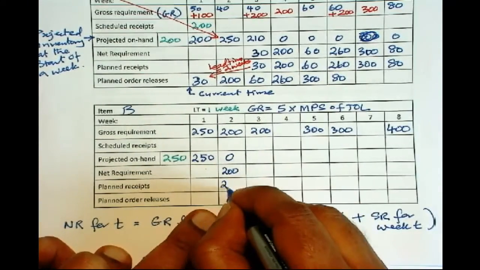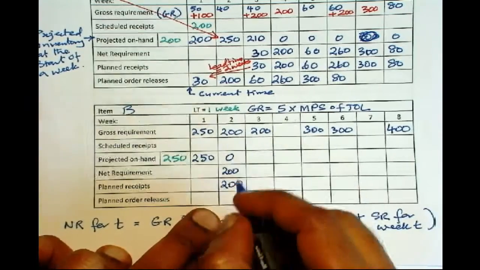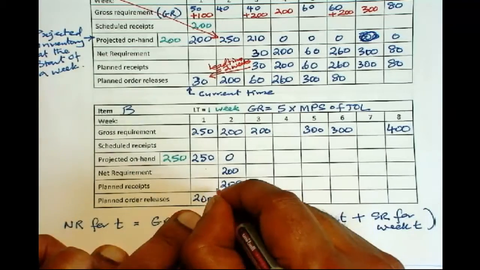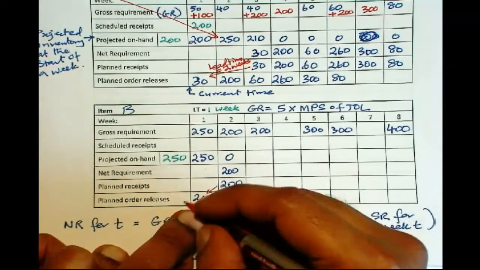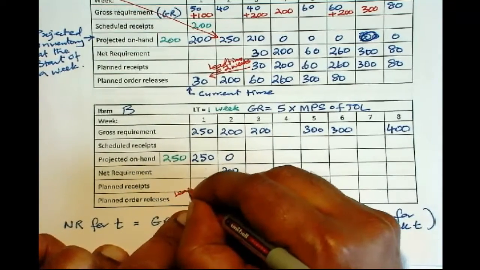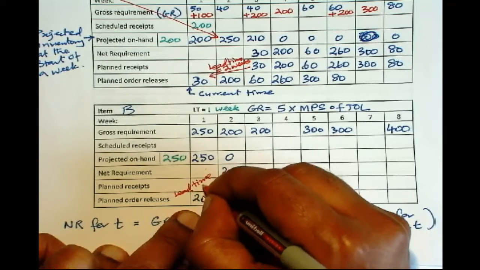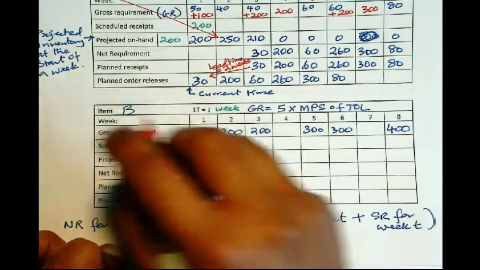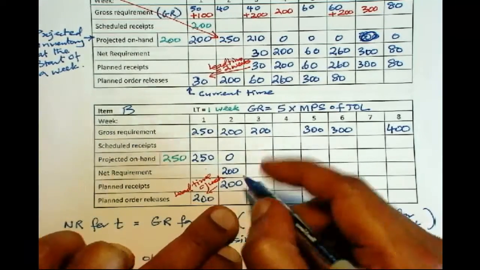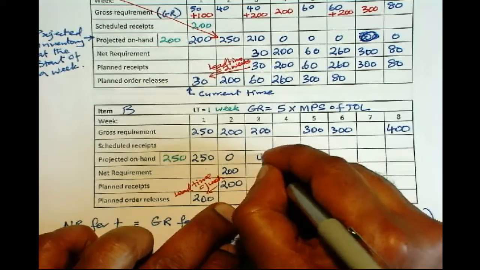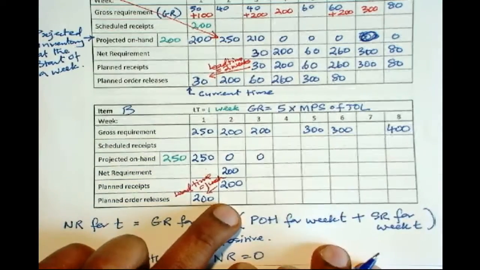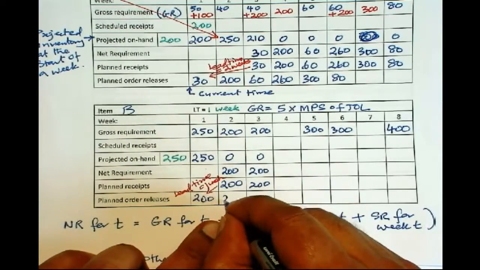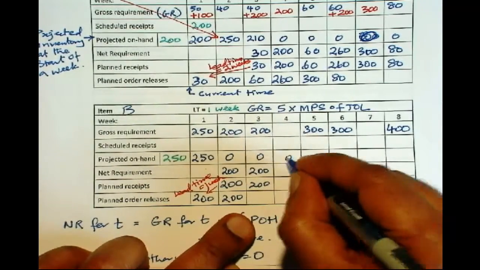So planned is 200, with 1 week of lead time, so we're going this way by lead time. Now continuing, 200 minus 200, 0 is the projected on hand for week 3. Then we have 200 again, and then 0, 0.